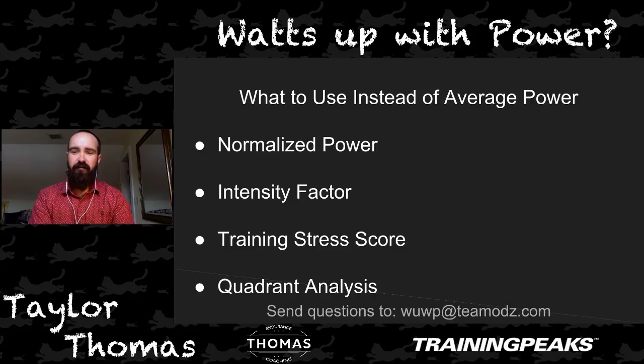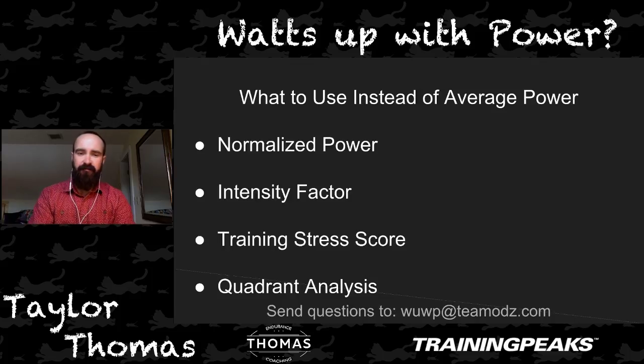There are several metrics that can help us do that: normalized power, intensity factor, training stress score, and then quadrant analysis, which is a chart that helps us dig even deeper and understand the relationship between some of these concepts.